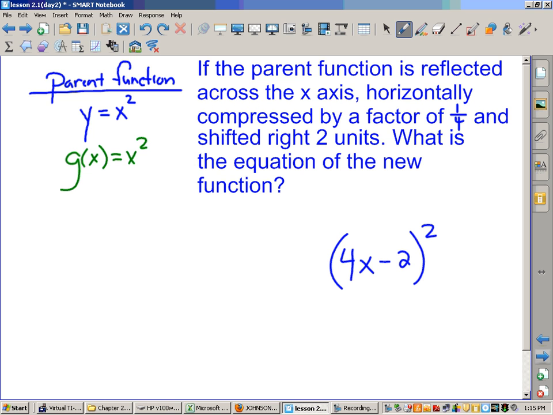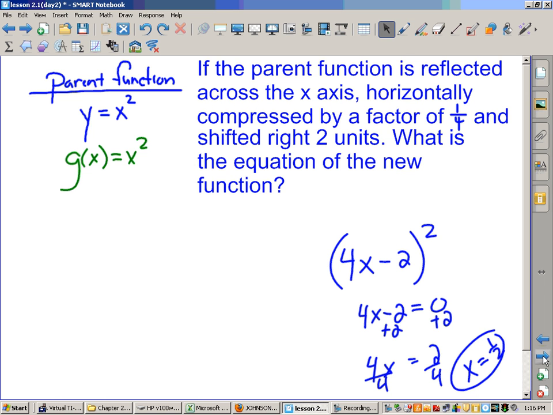How much is that shifted by right there? It is shifted to the right 2. This is shifting it to the right 1/2.